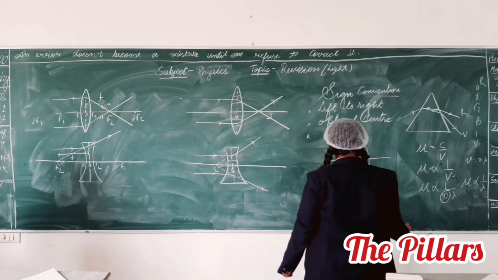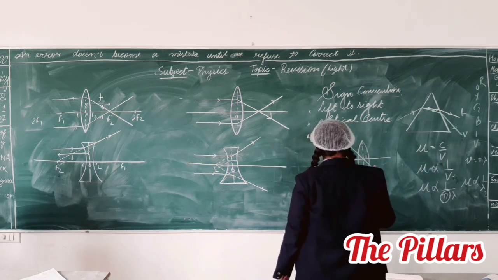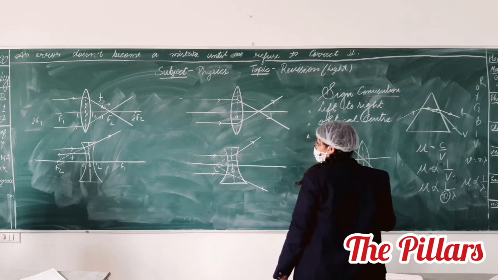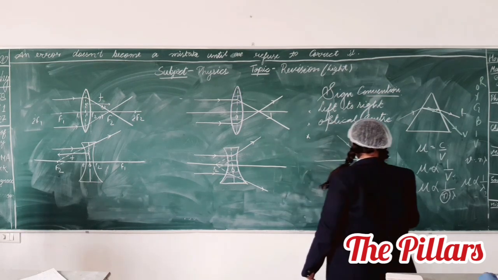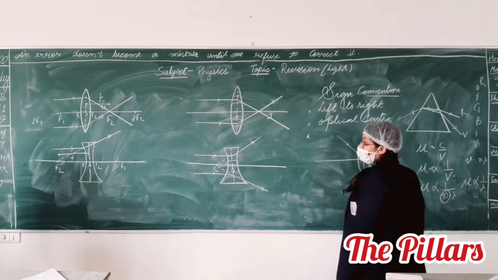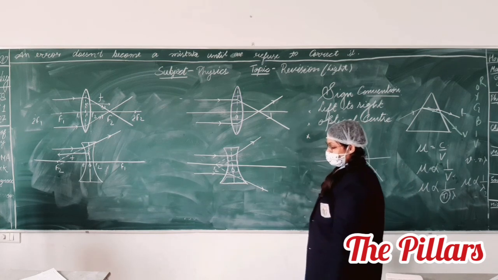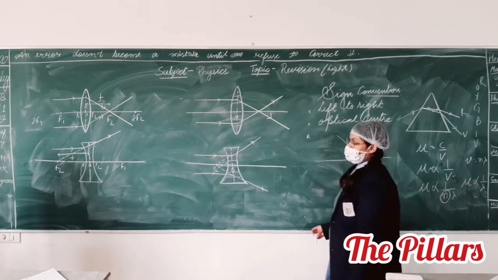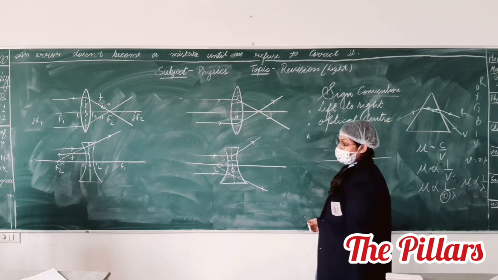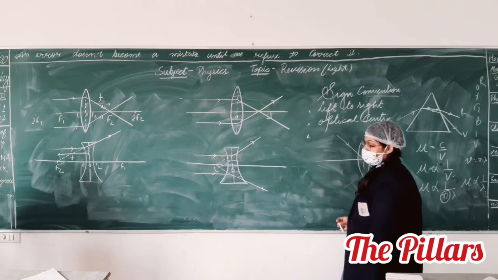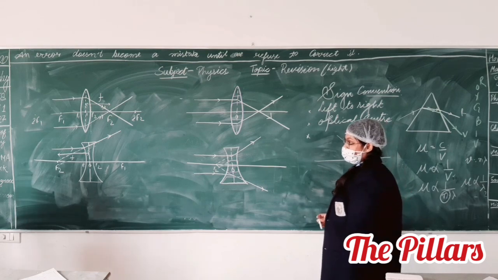It is a point on the principal axis from where a light ray passes undeviated. It's a point inside the lens on the principal axis through which any ray passes undeviated. I don't think there is something to learn here. You know and you can define it, isn't it?